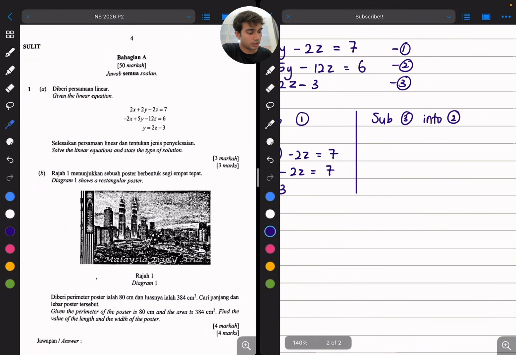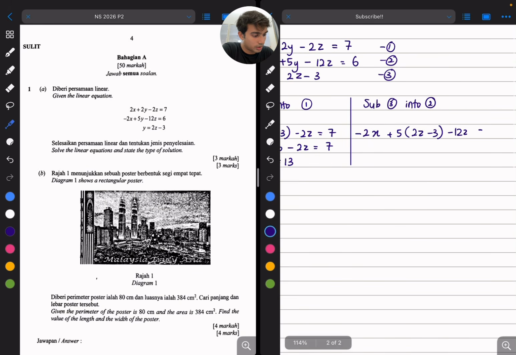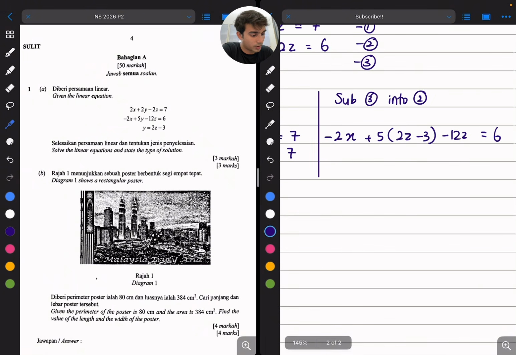Then we sub 3 into 2. So we sub this into this y. So negative 2x plus 2z minus 3, minus 12z equals 6. Then we expand the brackets.